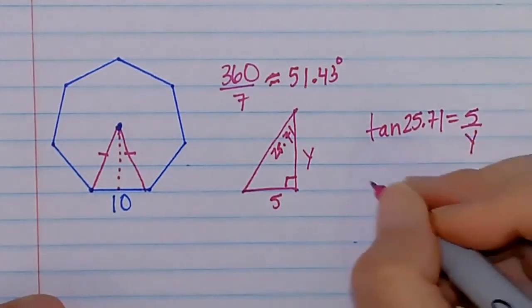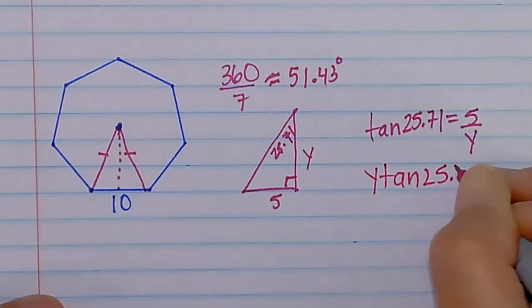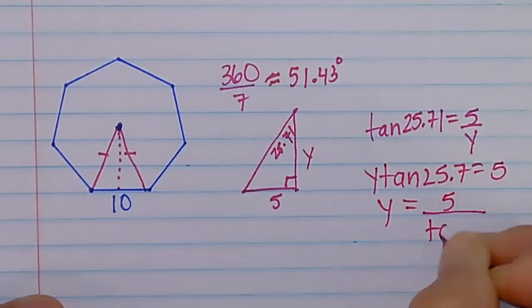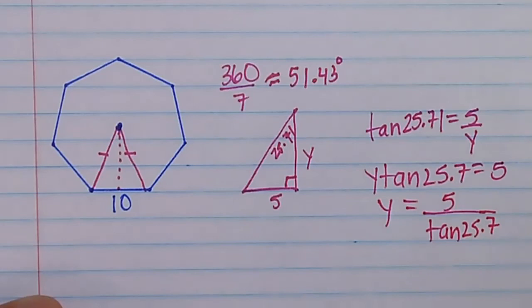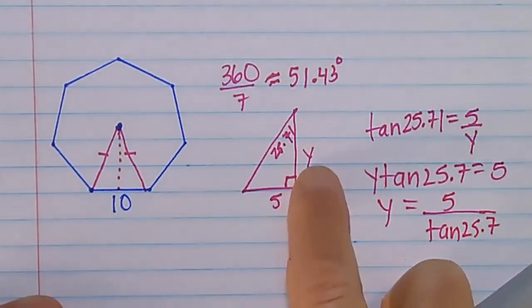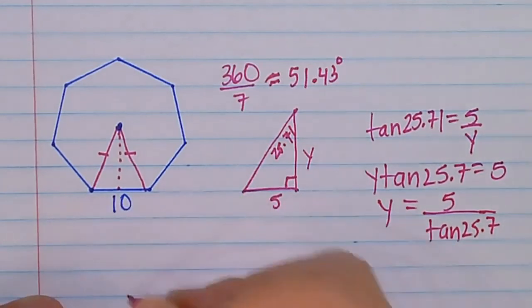So I'm going to cross multiply. I get y tan of 25.71 equals 5. I get y equals 5 over tan 25.7. That's going to be this value here. That's going to be my height. Now I'm going to take my base. Now remember, my base is really all 10.